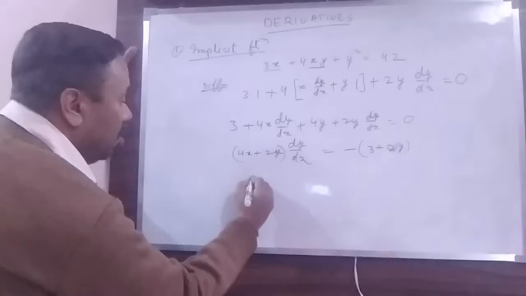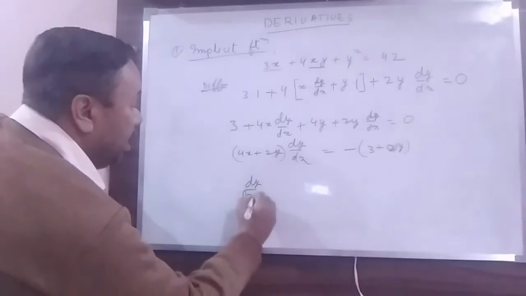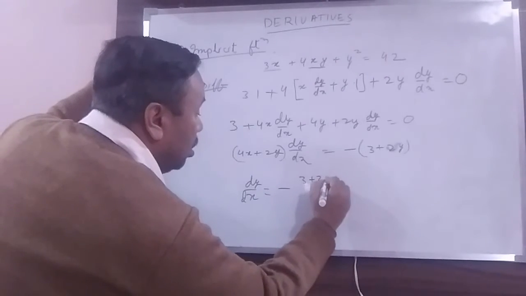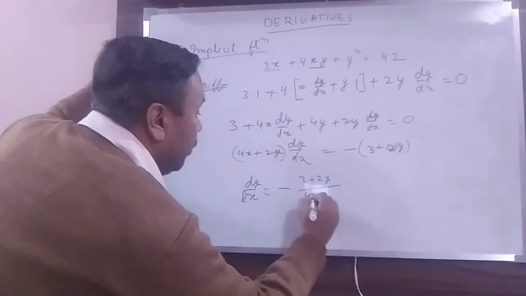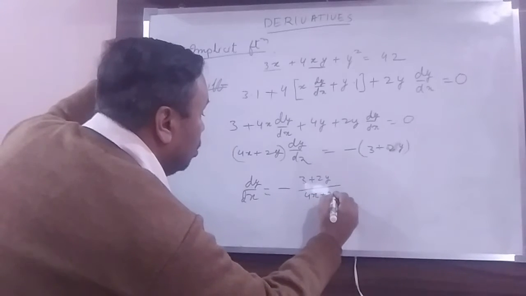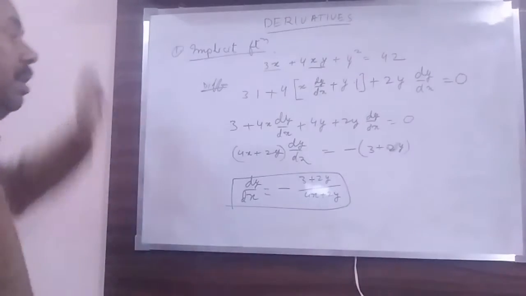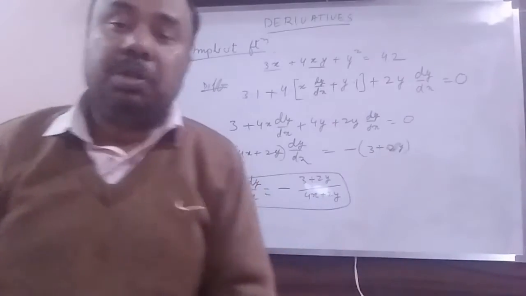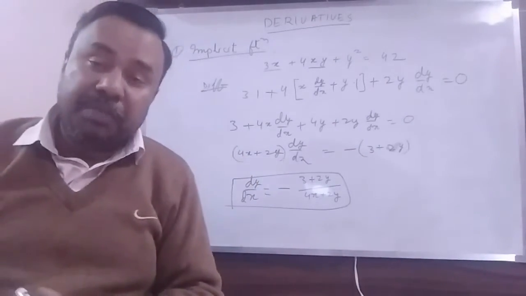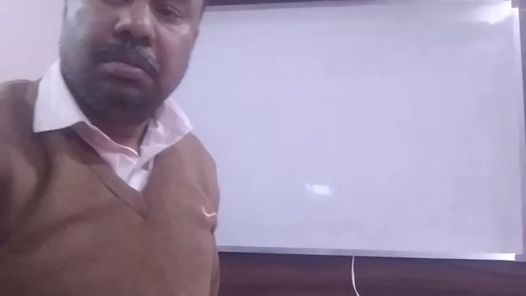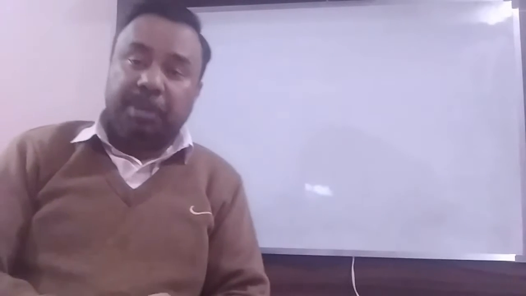So now dy by dx equals minus 3 plus 2y divided by 4x plus 2y. This is the simplest way to differentiate an implicit function. I will take one more example for this.